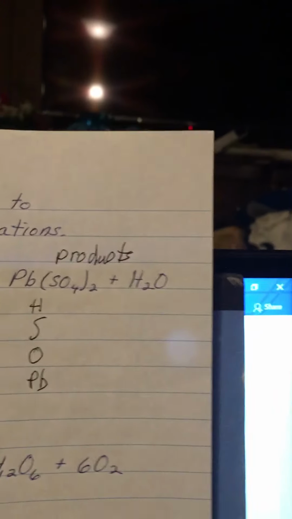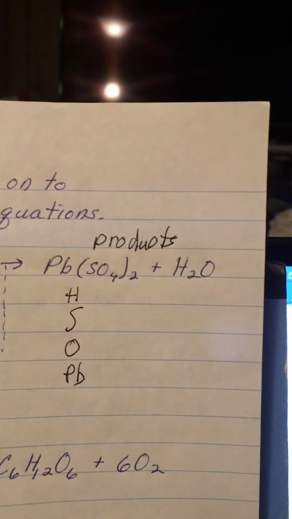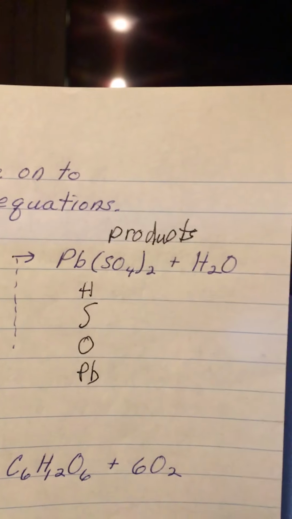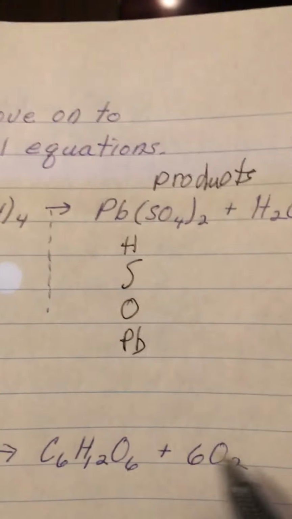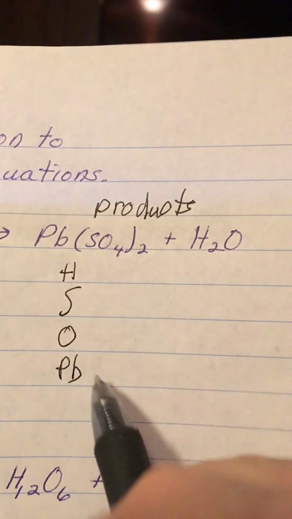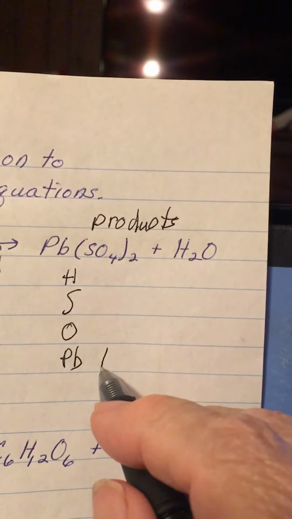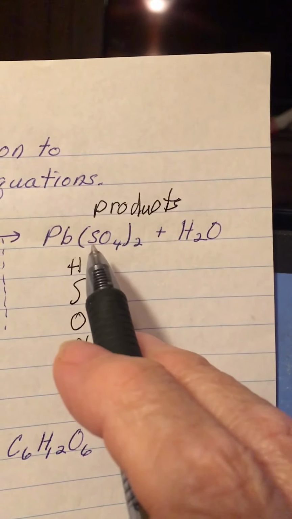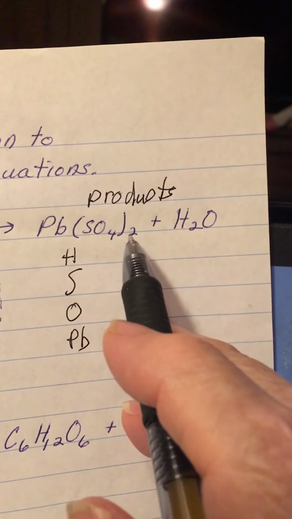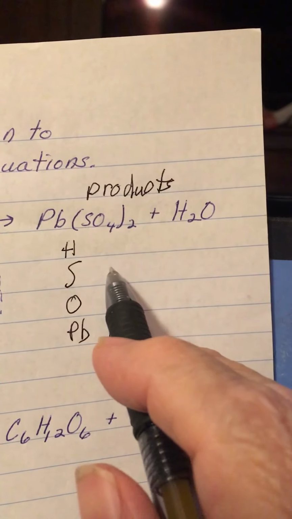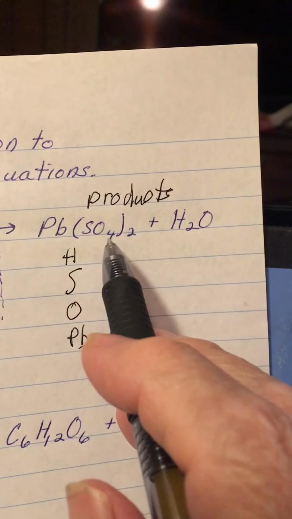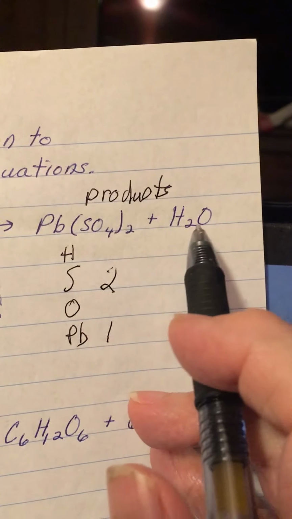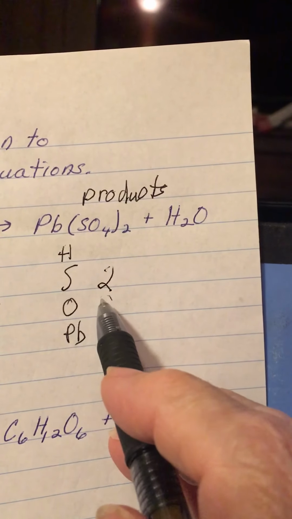Now, when we get to this side, we don't use the numbers from the left side. We have to recount. So we have 1 lead. We have 1 sulfur times 2, so we have 2 sulfurs. We have 4 times 2, 8 oxygen, plus 1 more is 9.